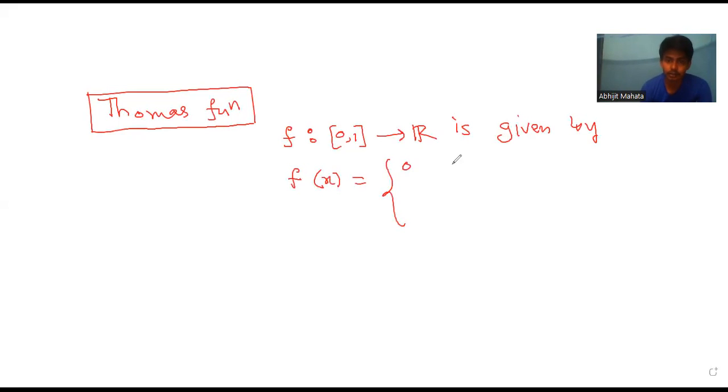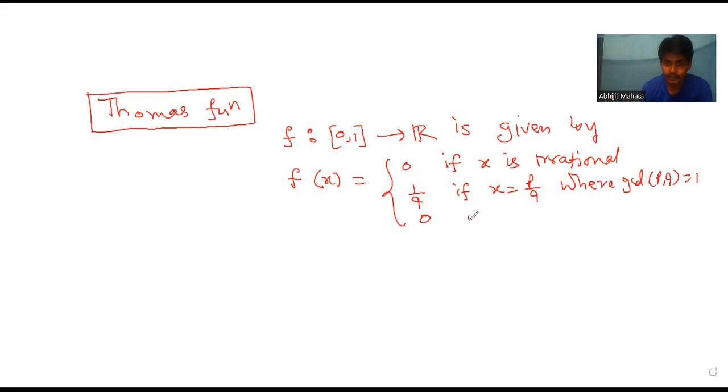It is 0 if x is irrational, and 1/q if x is rational of the form p/q where GCD of p and q is 1, and it takes 0 if x is 0. So this is basically the Thomae function.